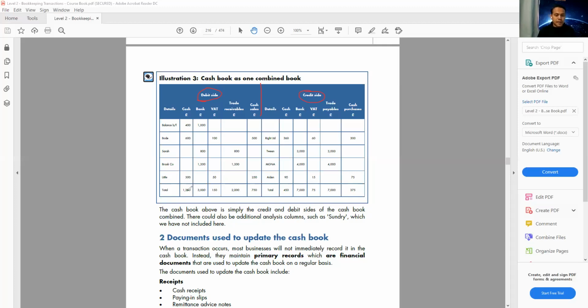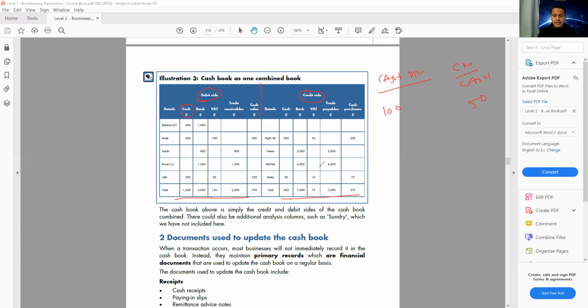After that, you make all the totals and you can find the balance. For example, if my cash book debit side, cash column, is £100, and my cash book credit side, cash column, is £50, what does that mean?